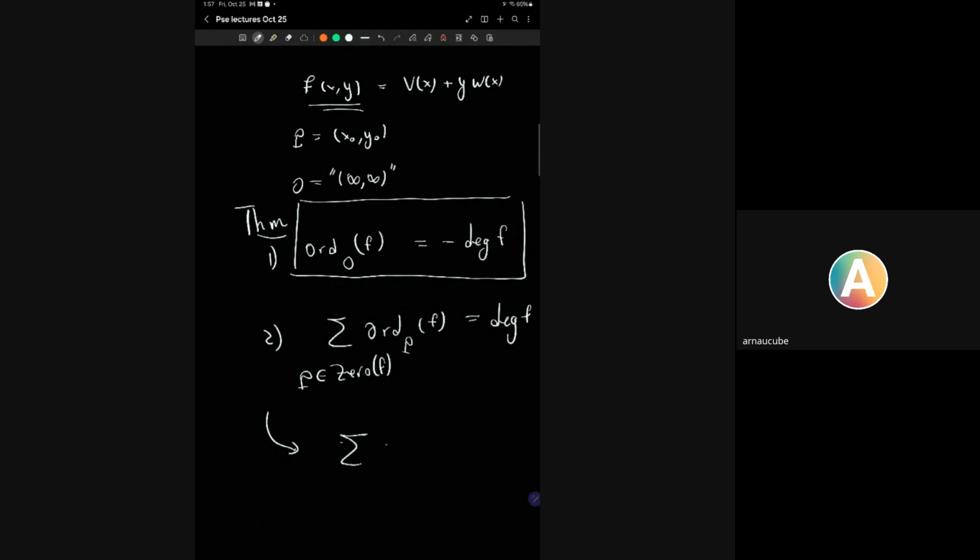So the sum of all order of f at P, for P in E, is going to be zero. But then, what is a rational function? It's just a quotient of polynomials. So once you have this stepping stone, it's not hard to prove the claim for a general rational function.